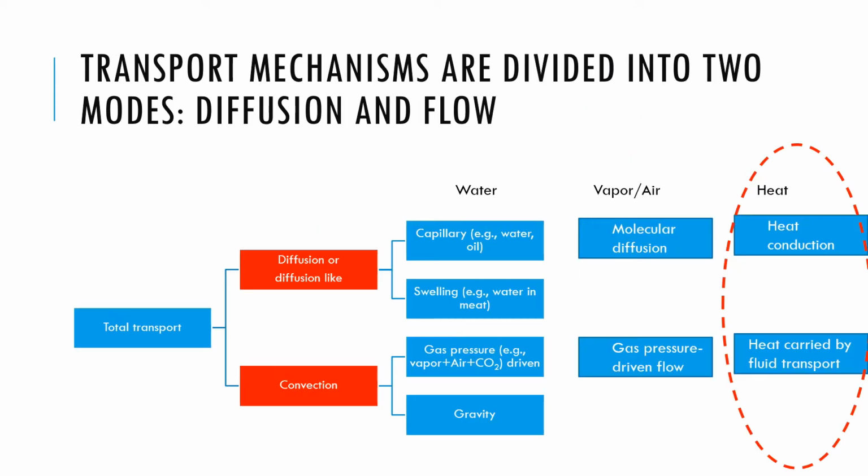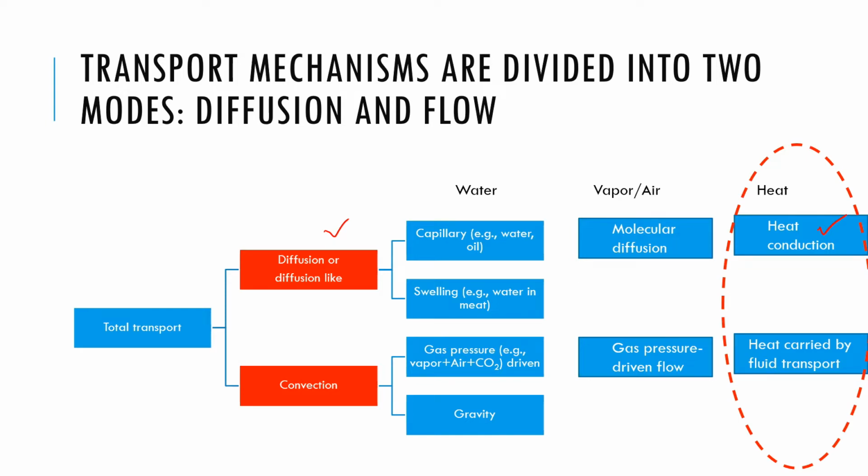So as we have done for mass, all the different mechanisms of heat transfer can be seen as belonging to two groups: diffusion or diffusion-like, and that will be the heat conduction in case of heat, and convection or due to movement.